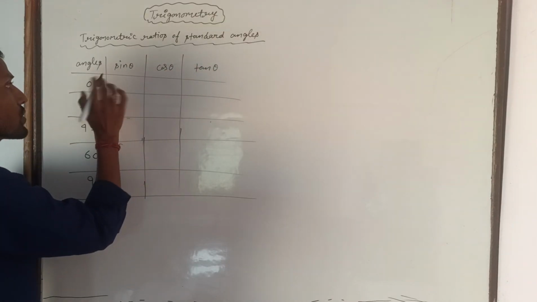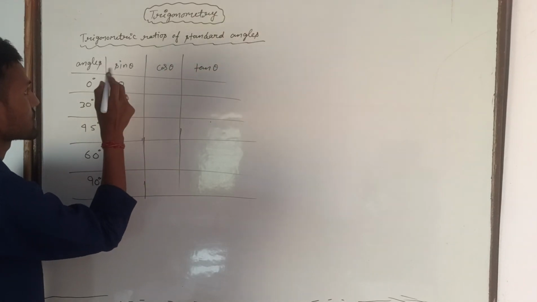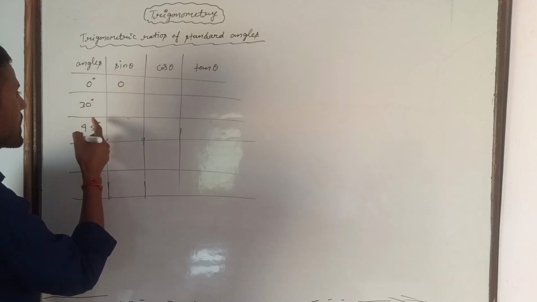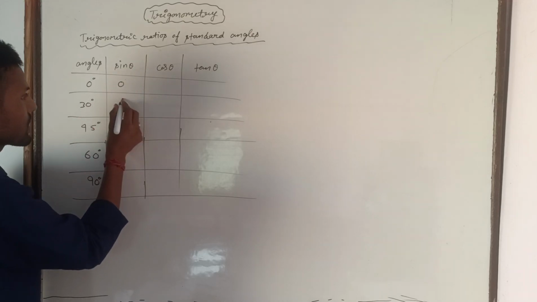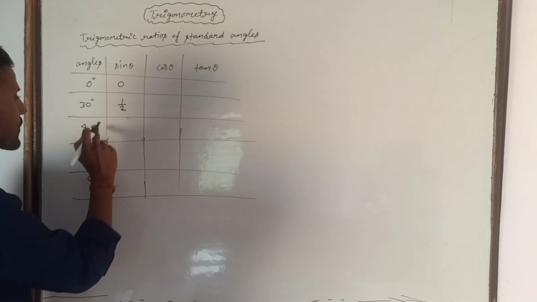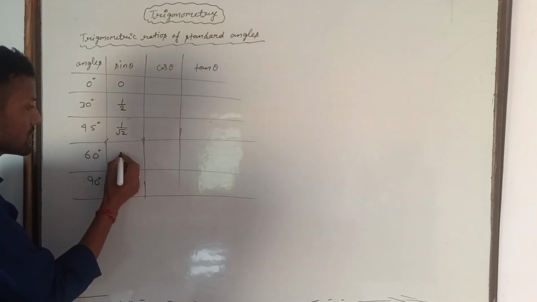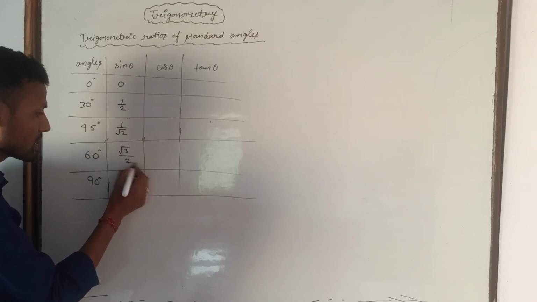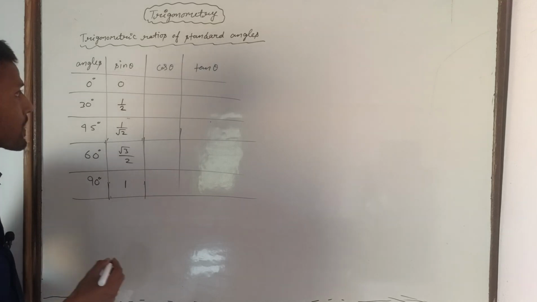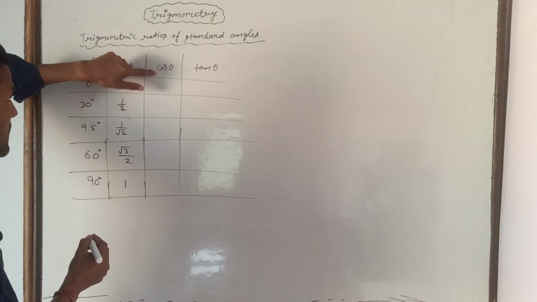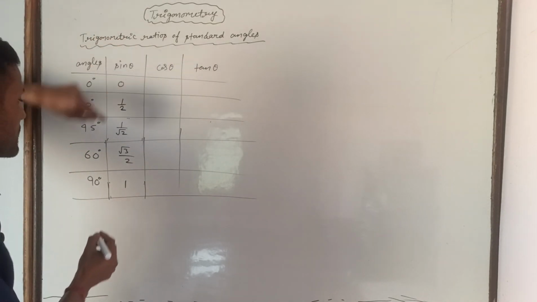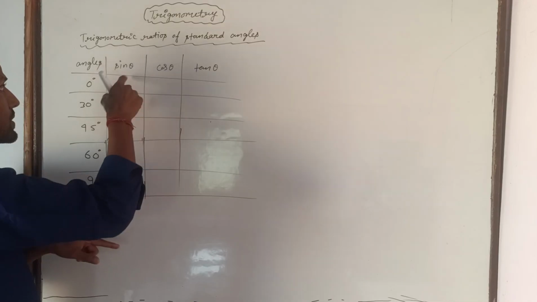Sin 0 degree is 0, sin 30 is 1 by 2, sin 45 is 1 by root 2, sin 60 is root 3 by 2, and sin 90 is 1. Now cos 0 will be the reverse order of sin theta.